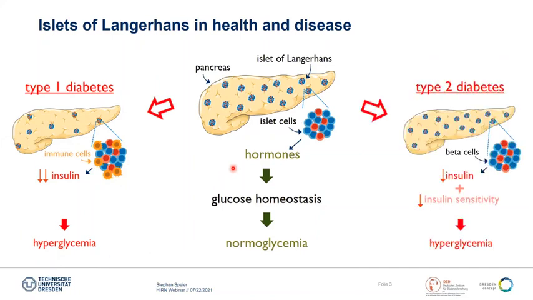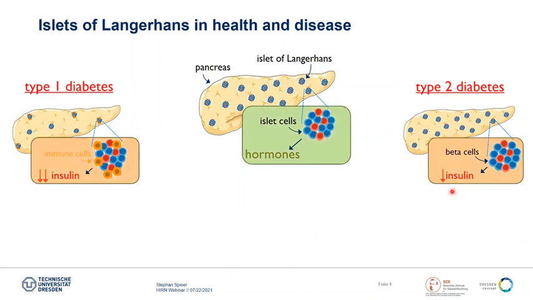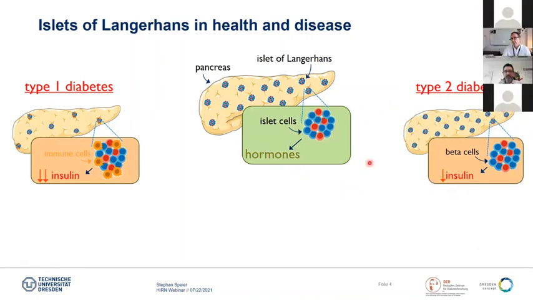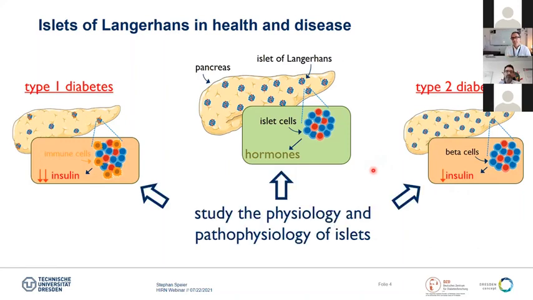Type 2 diabetes is a little bit more complex because other organs also play a role in terms of increased insulin resistance, and in addition, the cells from the islets are dysfunctional as well. So this is why we're interested in these various states and study the biology of islets and islet cells, and want to understand how the physiology and pathophysiology of islets work.